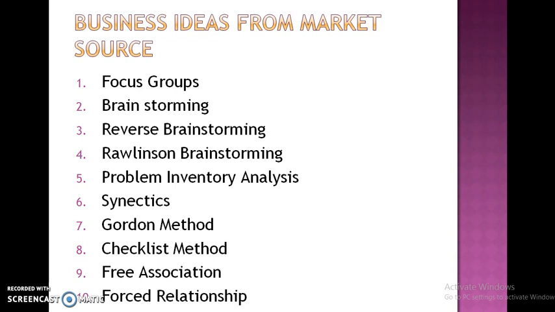So the next method is free association. One of the simplest yet most effective methods that entrepreneurs can use to generate new ideas is free association. This technique is helpful in developing an entirely new slant to a problem.